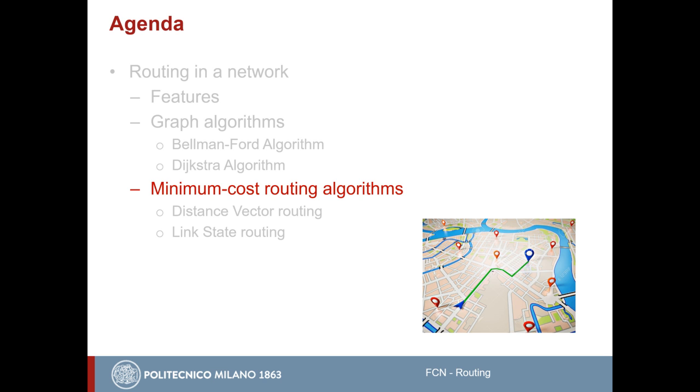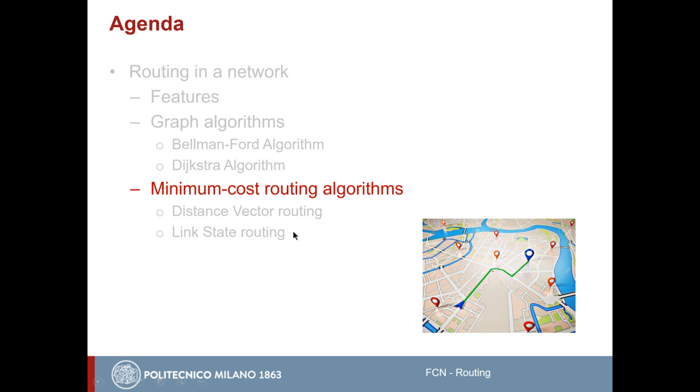So far we have seen the implementation of Bellman-Ford and Dijkstra in a centralized way, and we also already anticipated some features of their distributed implementation. But when we want to use these algorithms for routing protocols in IP, we need the distributed form of both algorithms.